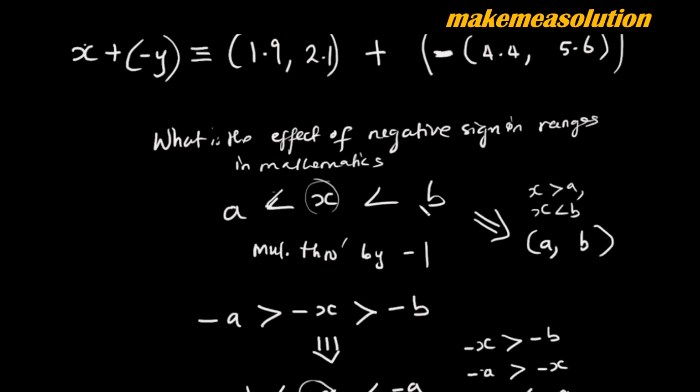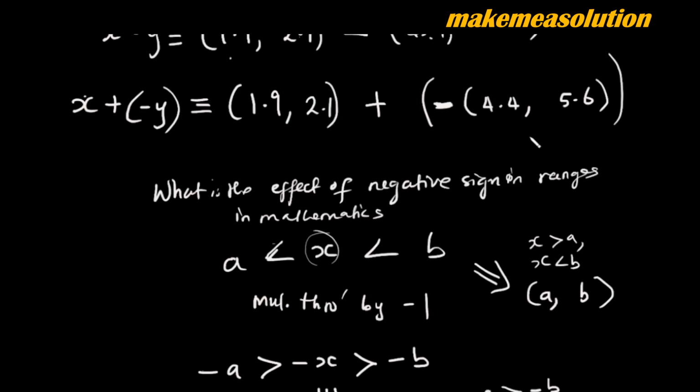Whenever a negative sign interacts with an interval, this is the lower limit and this is the upper limit. Now how does this negative sign modify this interval? The negative sign reverses the limits of that particular interval, and it doesn't just reverse the limits of that interval, it actually negates the values of the limits. Okay, it negates the values of the limit.